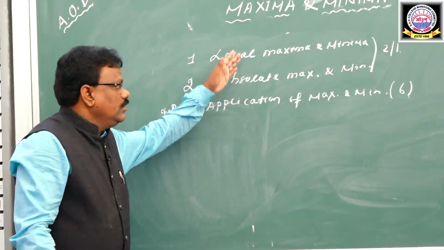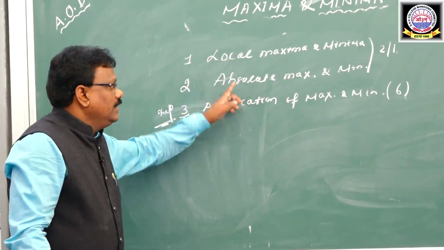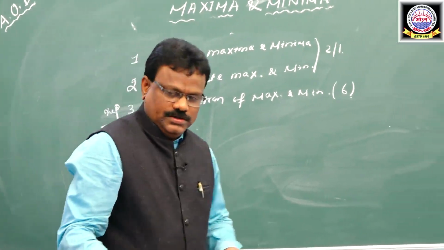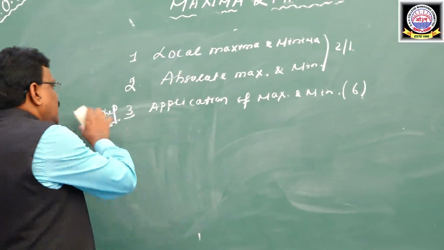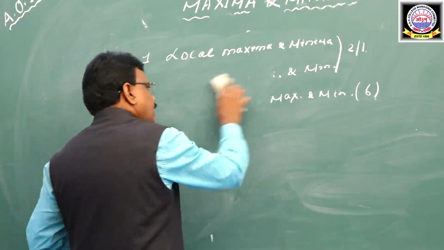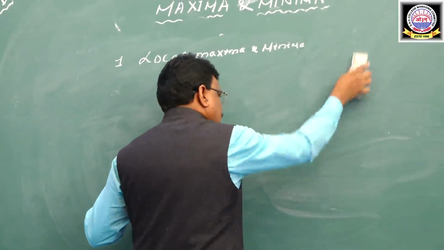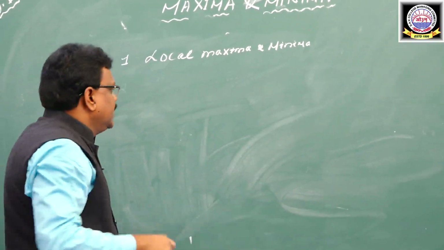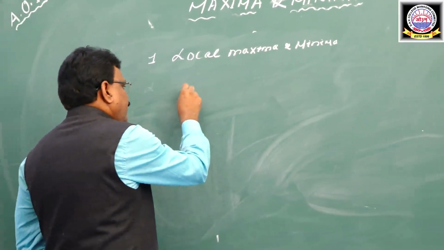Okay. So without going to local maxima and absolute maxima, we cannot come to the third point. So I am starting what is local maxima and local minima. Before I come to this, I am showing once again 2 graphs.